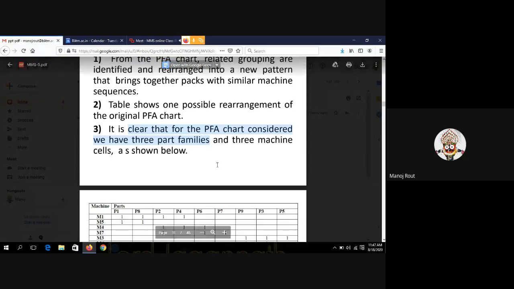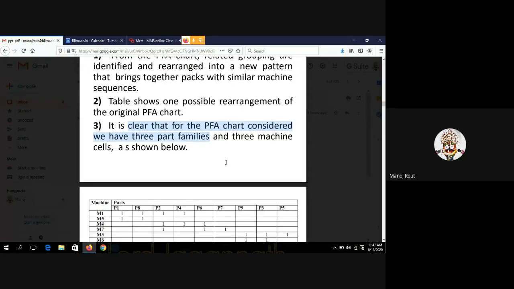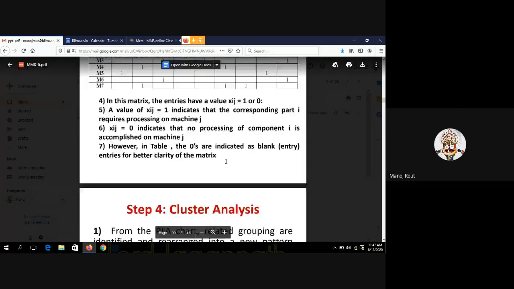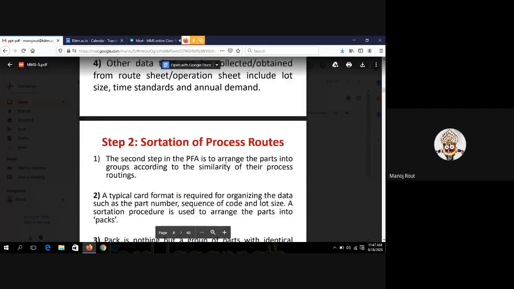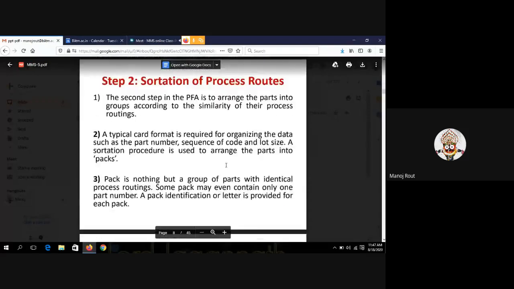Consider we have three part families and three machine cells as shown in the figure below.